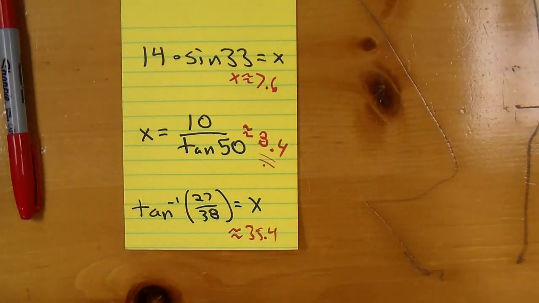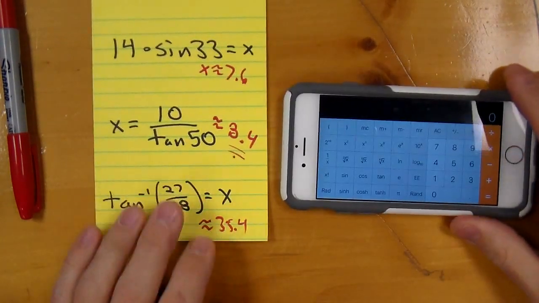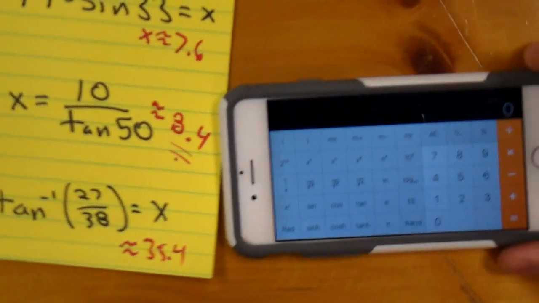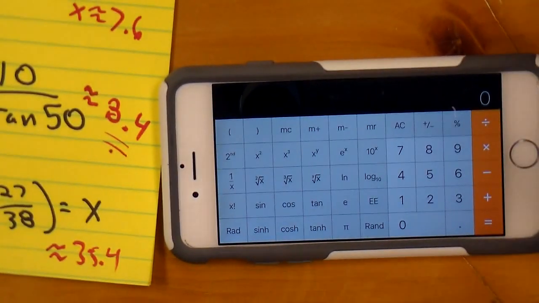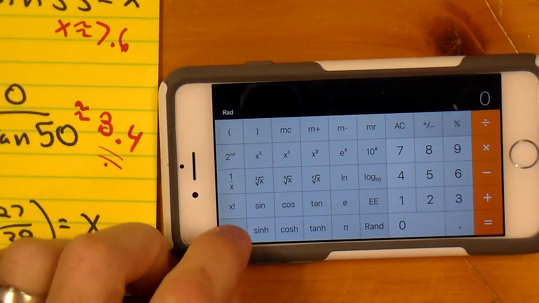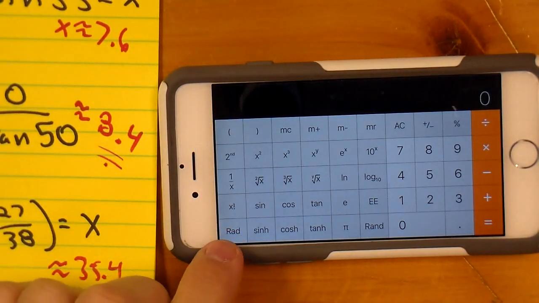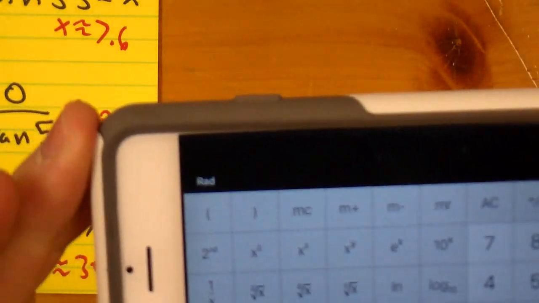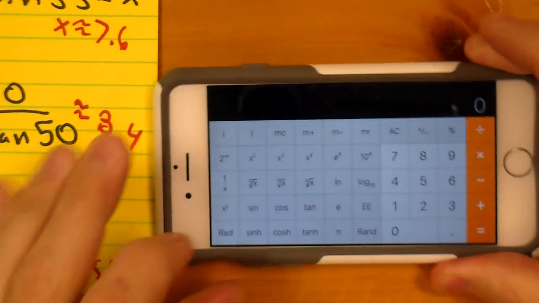Last one, since most students usually have their smartphone ready, you might as well look at that one. Here is my iPhone. And this iPhone would fit the one we've just talked about, the single line. I need to make sure I'm in degree mode, so it should not be showing radian. If radian is there, you want to get rid of it, hit degree, now it's gone.